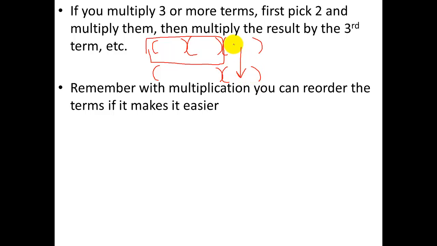And you can reorder them, do them in whatever order you want. So if you want to multiply these 2 together first and then go by this one, it doesn't matter. Because multiplication is commutative, you can change the order of the entire term with another entire term. But the key is if there's 3 or more pieces, you just pick 2 and ignore the third one, work out the result, and then incorporate the third one.